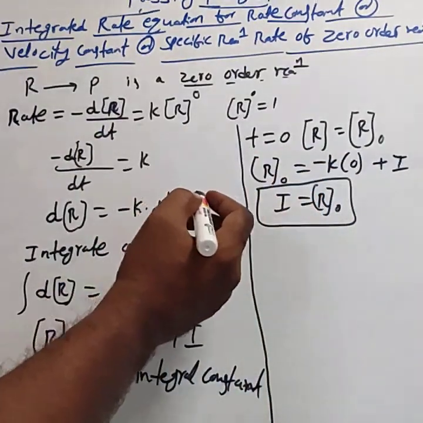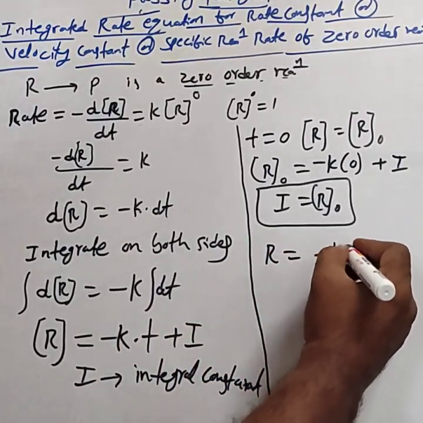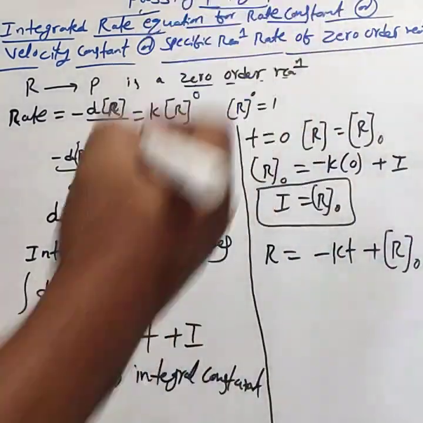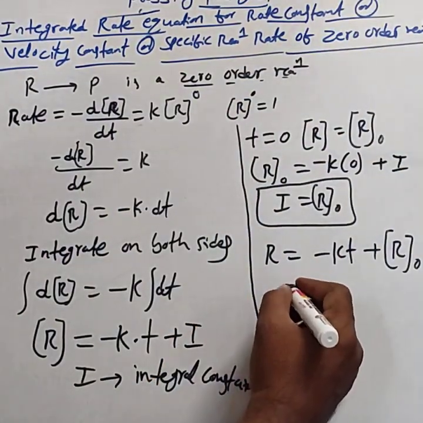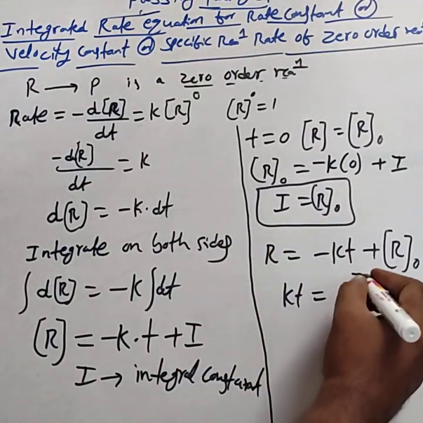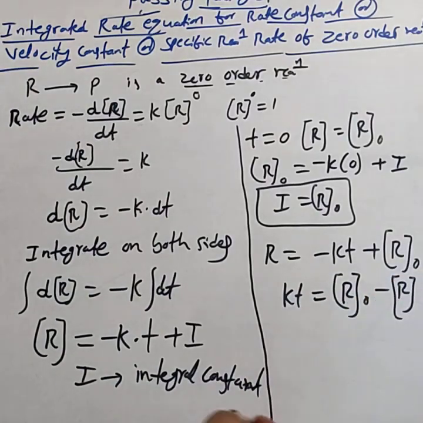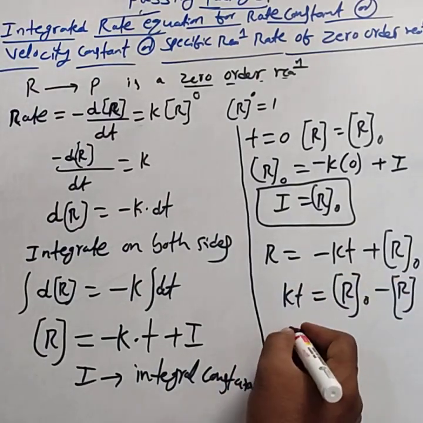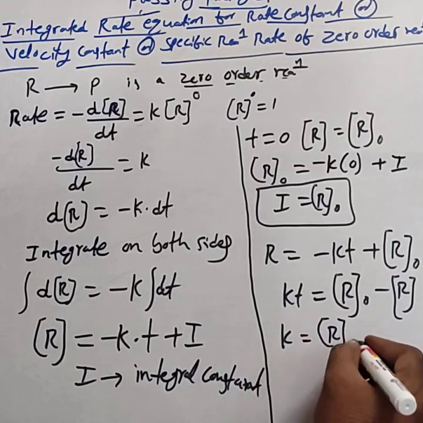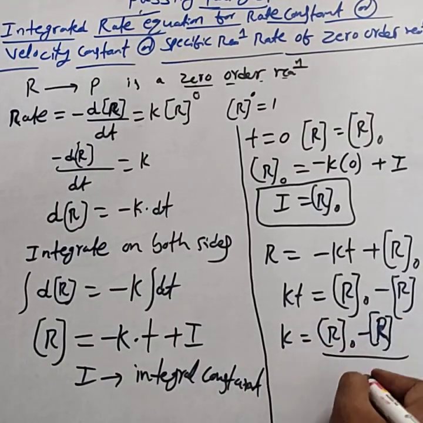Substitute that I value in the equation. You get R equals minus kt plus R naught, or kt equals R naught minus R. Finally, k equals R naught minus R by t.